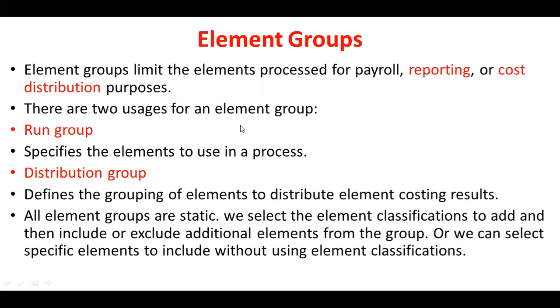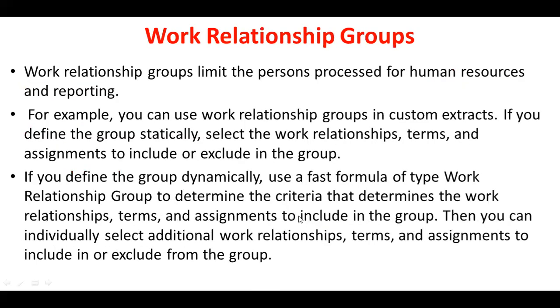There are two categories: run group, which specifies the elements, and distribution group, which defines the grouping. We can select that particular distribution group. So this is an element group.